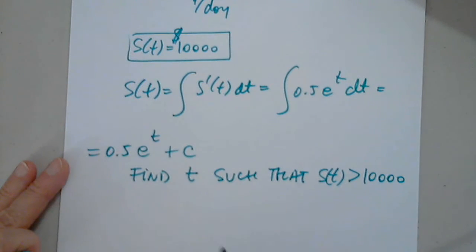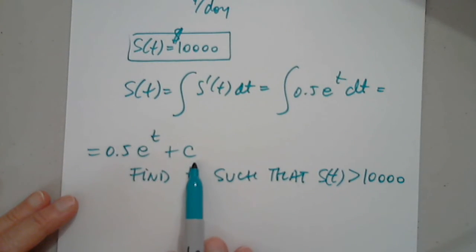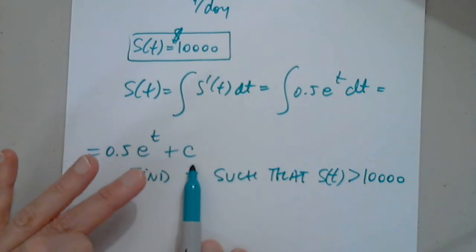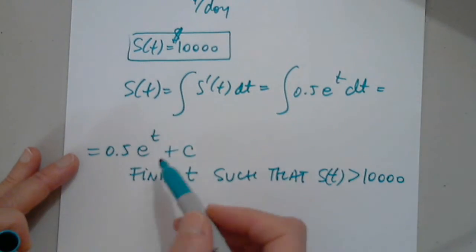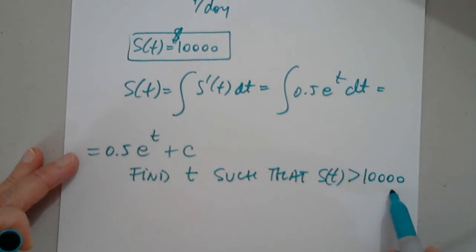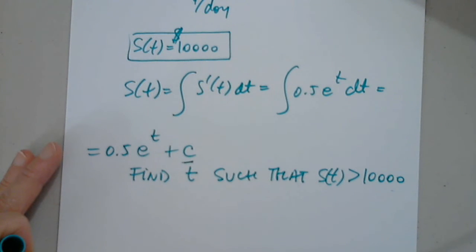So what I have to do is put this in the inequality and solve, but let's think about what we do with C. We need a condition for C first. All I have to do is put this in the inequality and solve, but the question is, what do I consider for C? So let's go back to the problem.